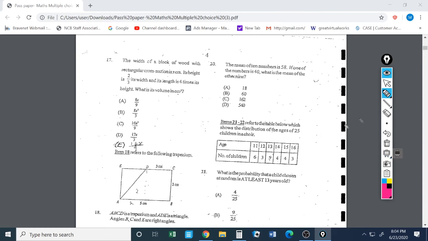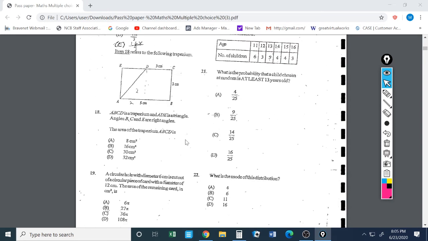All right, so let's look at the next question, guys. Pretty simple. It says here, ABCD is a trapezium and ADE is a triangle, and angles B, C, and E are right angles.